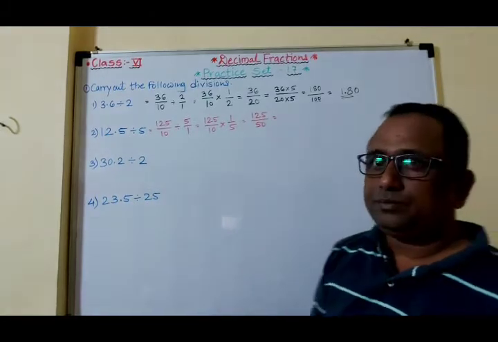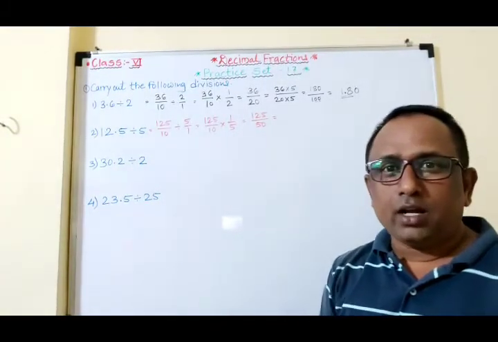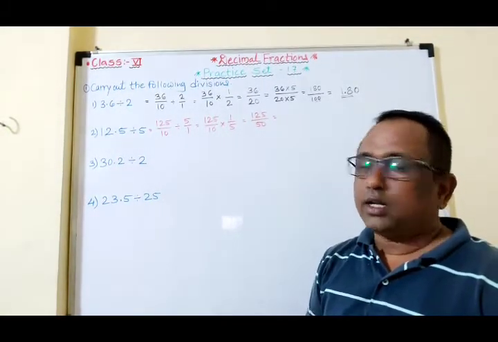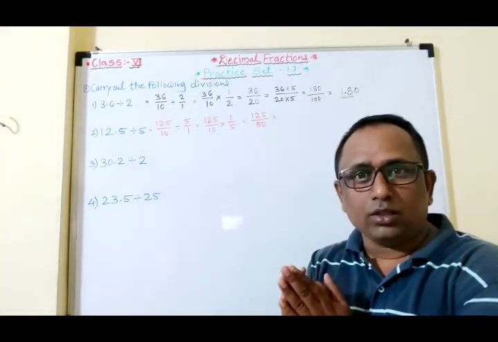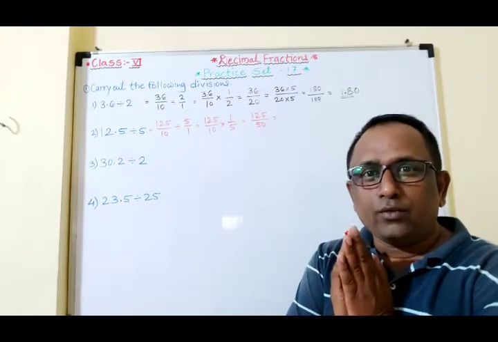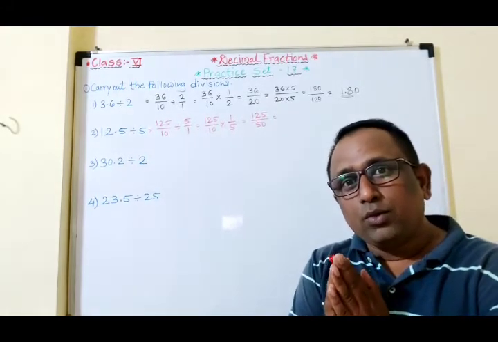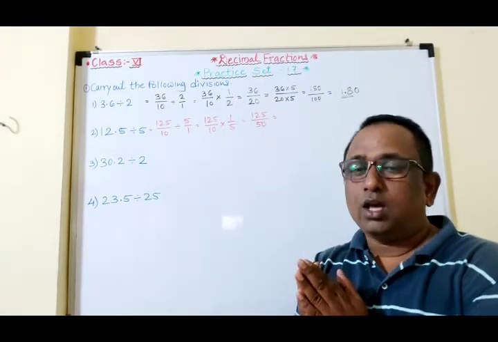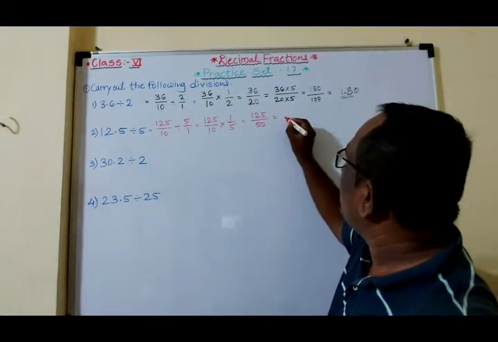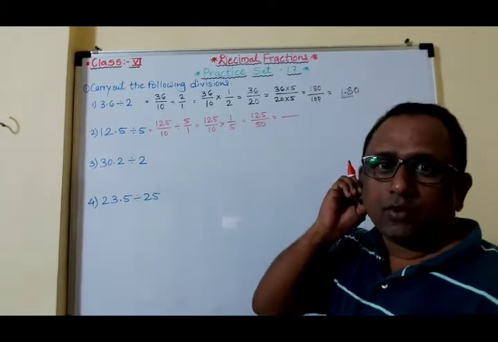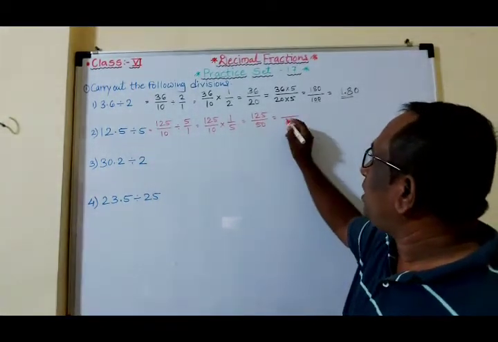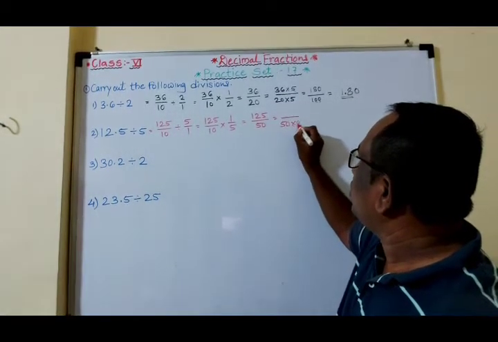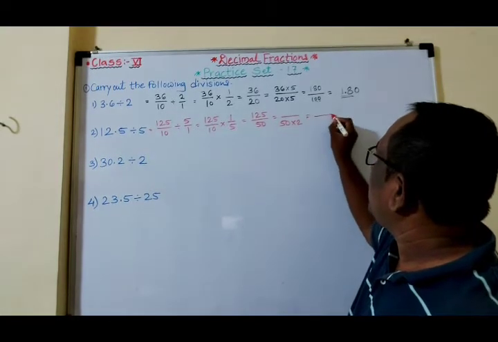Now again students, 50 is there, so we have to convert this denominator in the form of 100 or 1000. Okay. So we know if we multiply 50 by 2, then we get the denominator 100. Okay. So now in the next step, we have to make the denominator in the form of 10, 100 or 1000. So here if 50 we multiply by 2, then we will get the denominator 100.